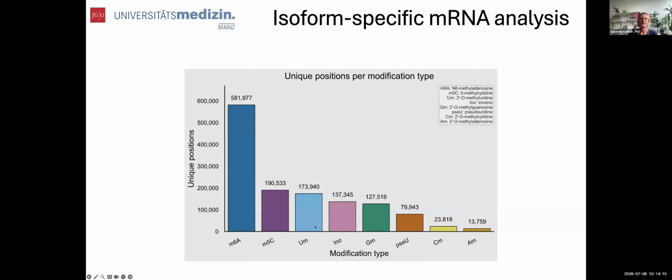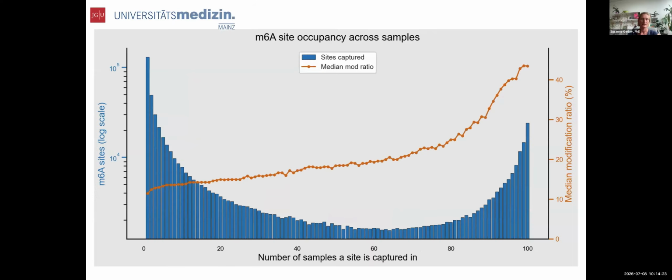And then we were questioning, how are these distributed over the cohort? Is it completely random when they appear, or is there some kind of pattern? For this, we started sorting them based on their appearance in at least one subject, in 2 subjects, and so on, up to at least 100 subjects that carry this particular modification.